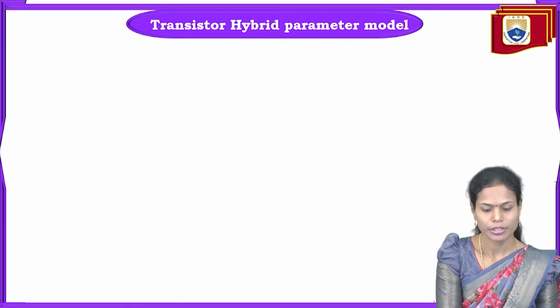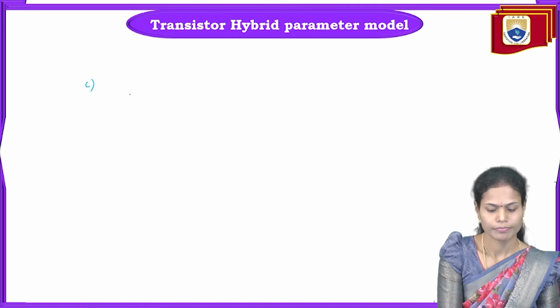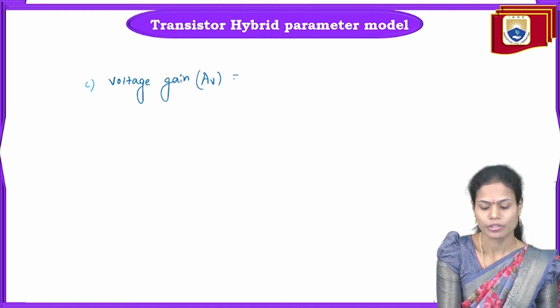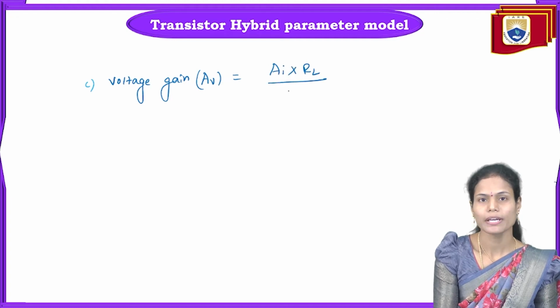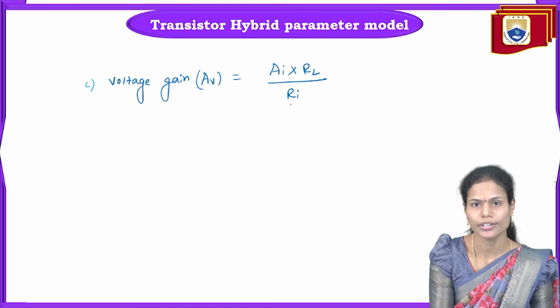And the next parameter we need to calculate here is voltage gain. Voltage gain AV is equal to current gain AI into load resistance by input resistance. The input resistance value we have just calculated, and the current gain value also we have calculated.